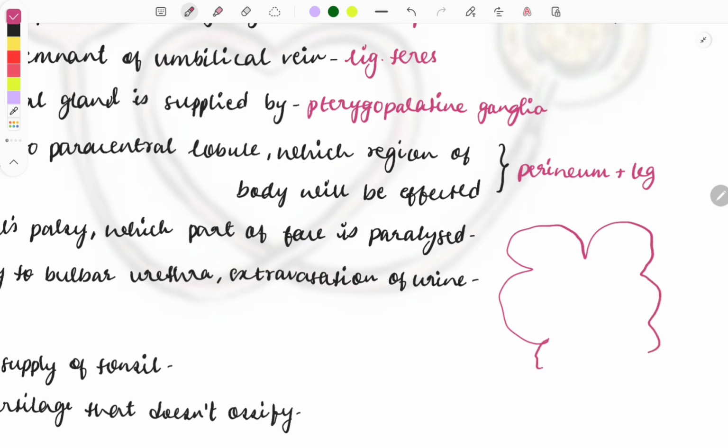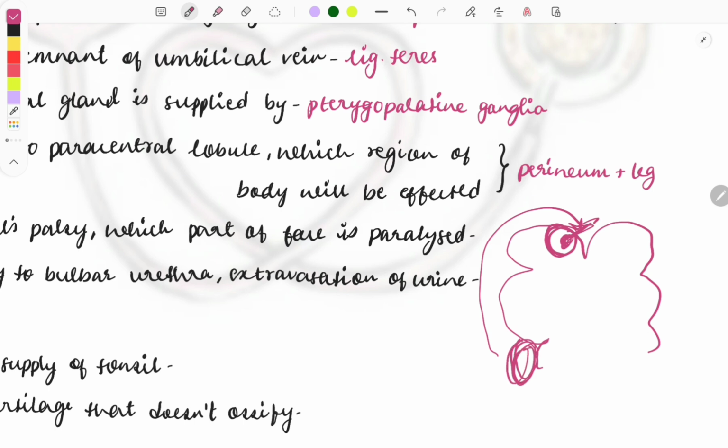So this is the distribution of the regions controlled by the brain. Here it is the ears, in a reverse order from here to here. The paracentral lobule comes somewhere here in the brain, and this area controls the perineum and the leg.